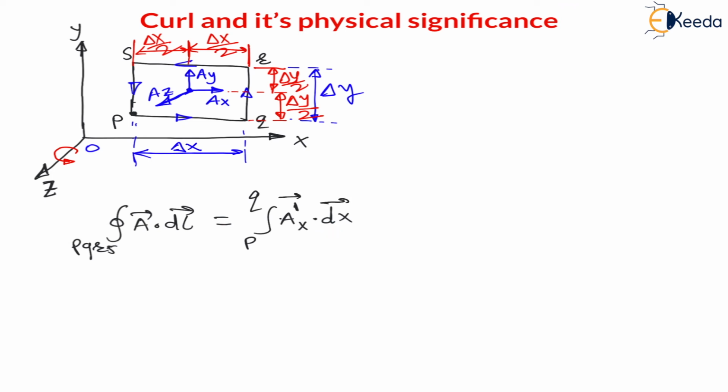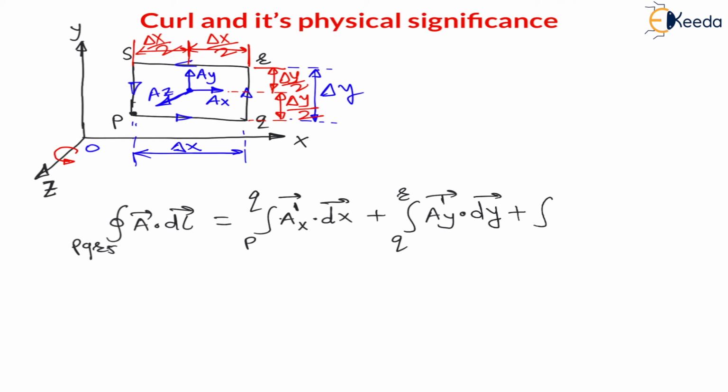Both are vectors. Plus line integral of QR, right? And on this line QR, what was the vector field? That is Ay dash dot the line element here. What is the distance? Del y, therefore very small element will be dy, right?